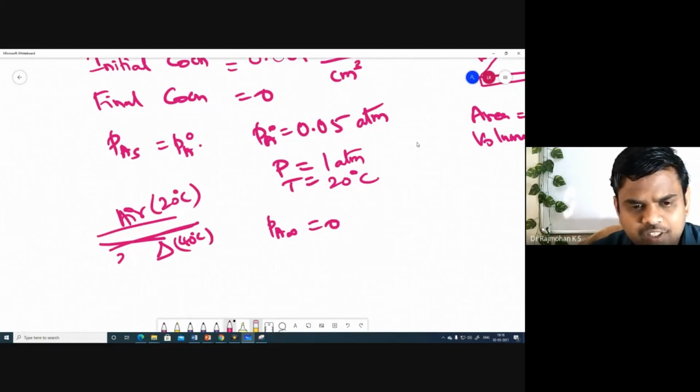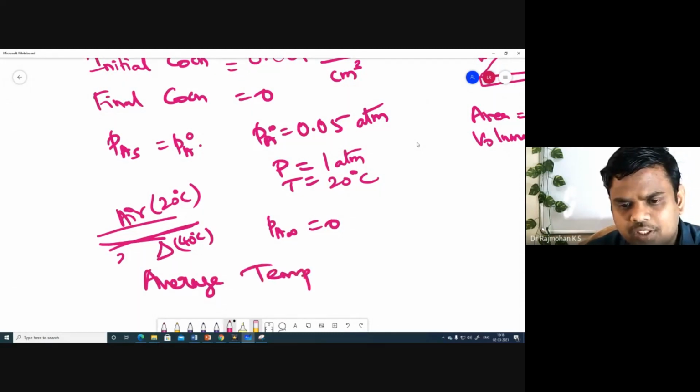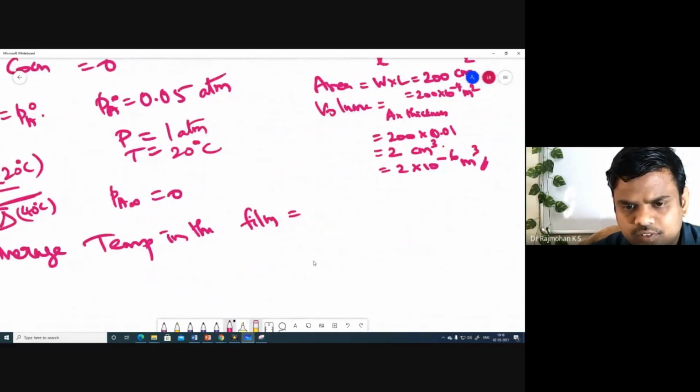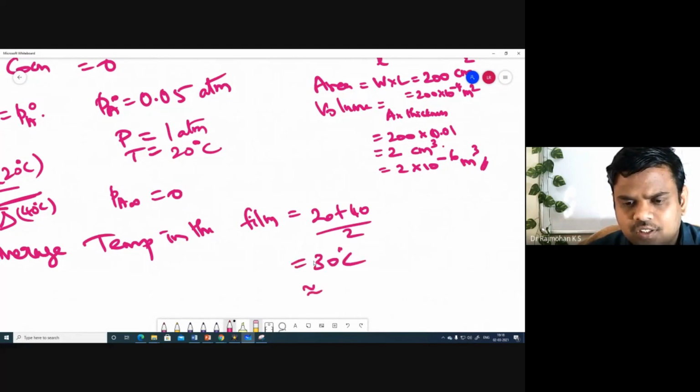So what could be the average temperature in the film or the coating? The average of these two, 20 plus 40 by 2, is 30 degrees Celsius, which is 273 plus 30, that is 303 Kelvin.